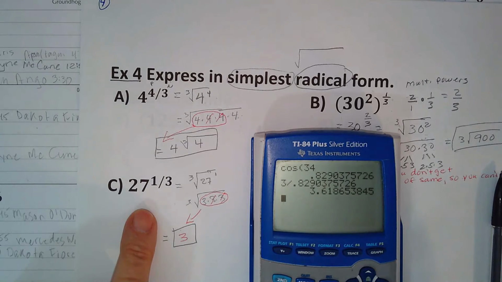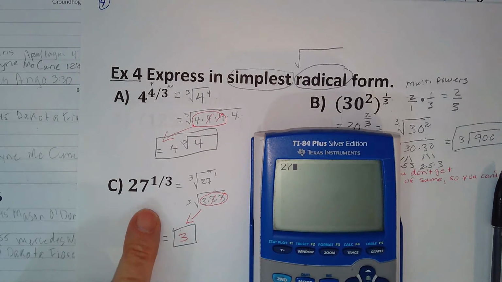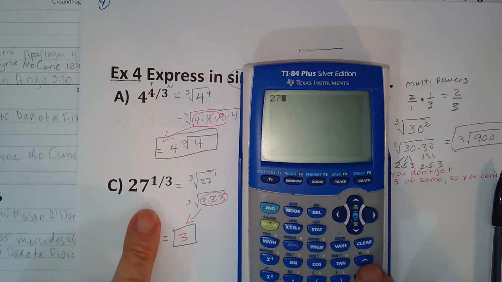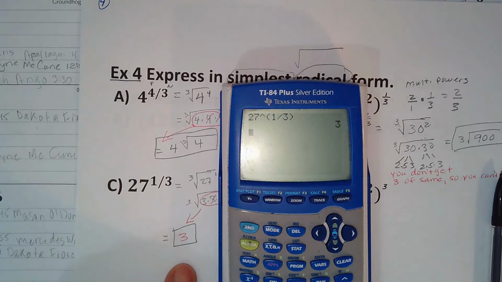Let's turn this on, clear it, 27, and then we're going to use your little caret button to create an exponent. But instead of an exponent of 2 or 3 or 6, we're going to use 1/3. So I'm going to put in parentheses 1 divided by 3, close the parentheses, hit enter, and you'll notice, what do I get? I get the answer 3. That's the root. Okay? Now that doesn't work for everything.